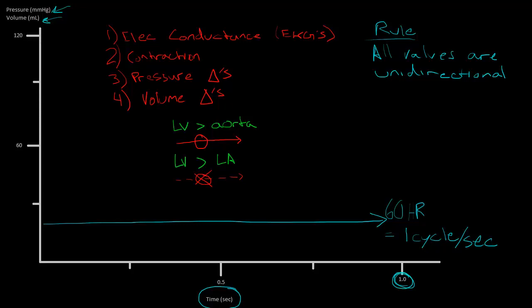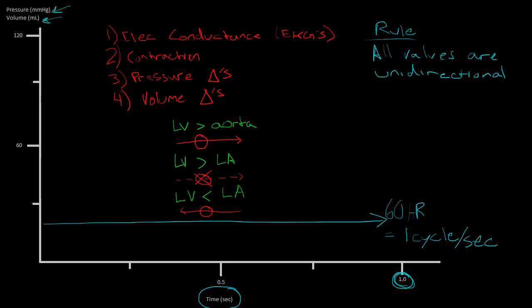Now we have this aspect of directionality to the blood flow. Let's look at the opposite real quick. If the left ventricle has a lesser pressure than the left atrium, it makes sense that the mitral valve is going to open and we're going to get a flow of blood from the left atrium to the left ventricle, and the left ventricle is going to fill.